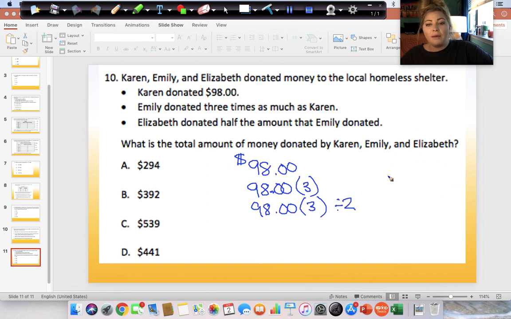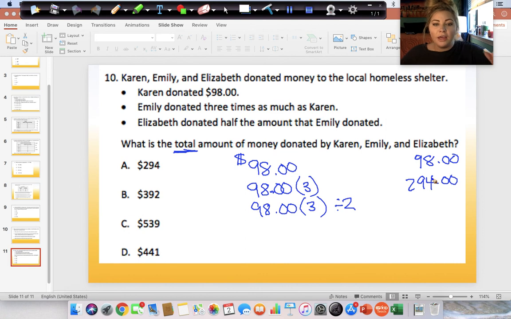So I'm going to add them up over here because it wants to know the total amount donated by all 3 of them. Okay, so we will add them all together. The first one was $98. Then we need to do 98 times 3. So 98 times 3 gives us 294. That's how much Emily donated.